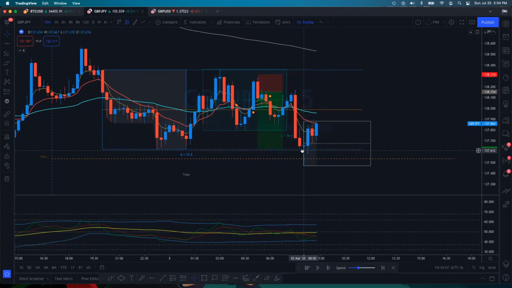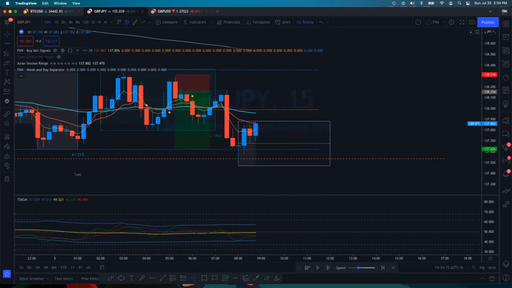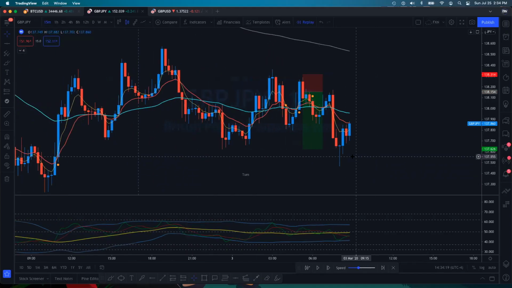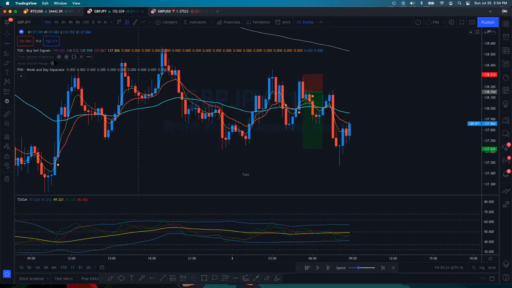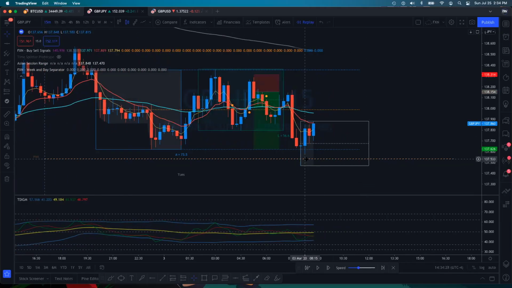So that went where? To the bottom. And also this one here. If I take away the boxes, you see how this spiked down here? Well, if we put the boxes back on, where did it spike to? What's this line here?